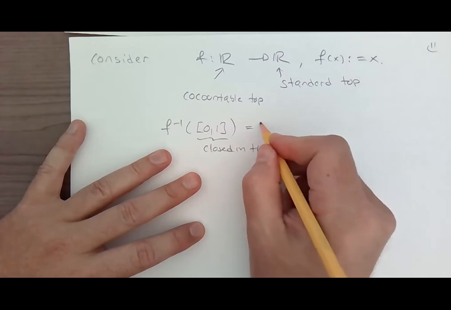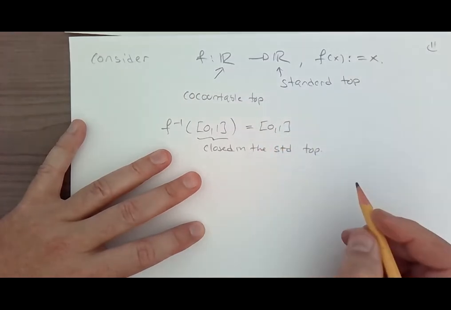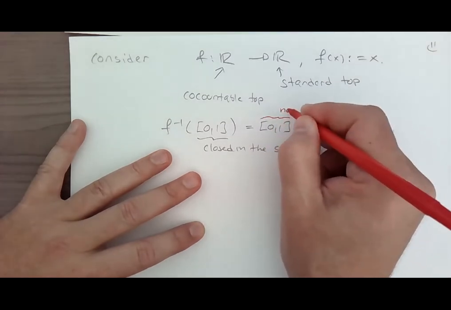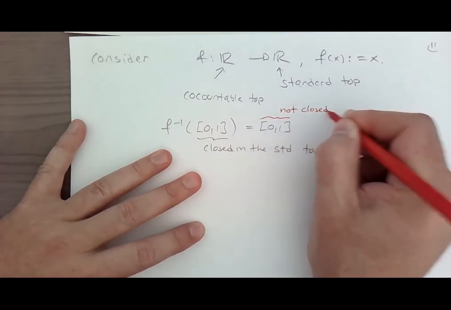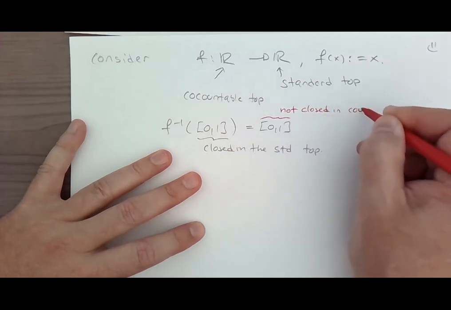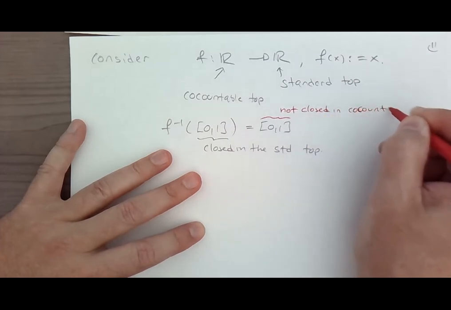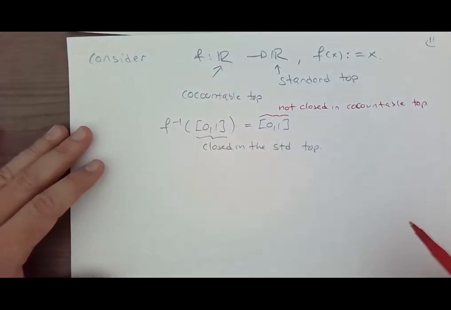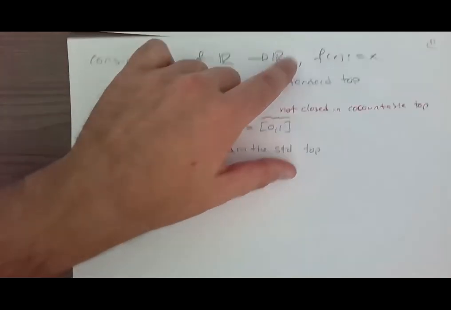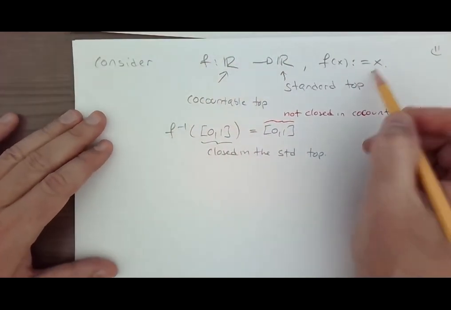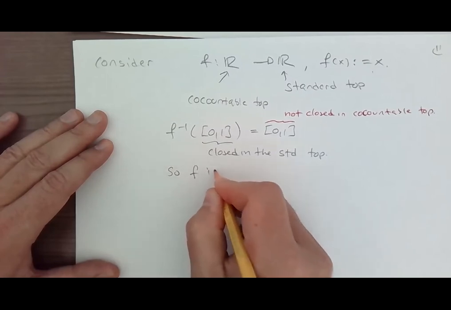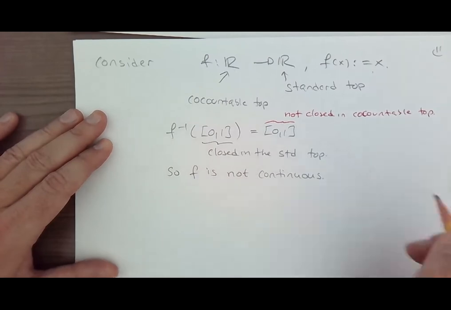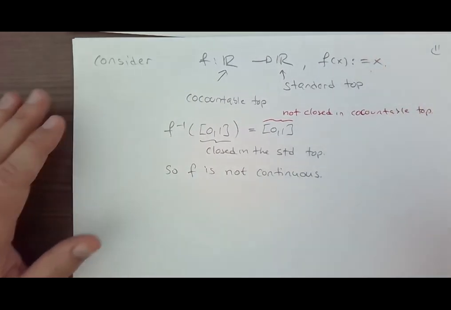That this would be exactly 0 to 1, but this is not closed in the co-countable topology, because it's not countable. So f here is not continuous, despite it being just f of x equal to x.